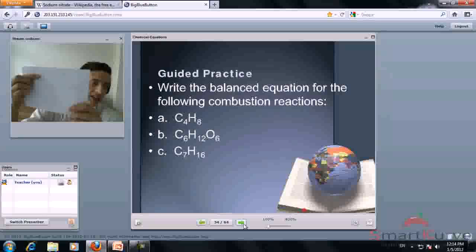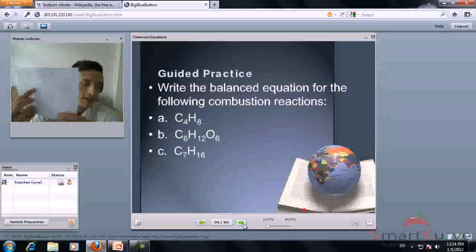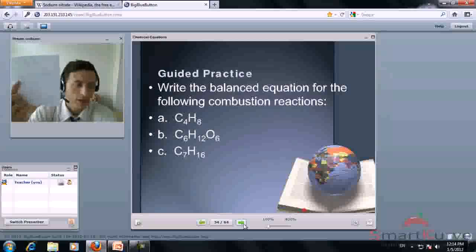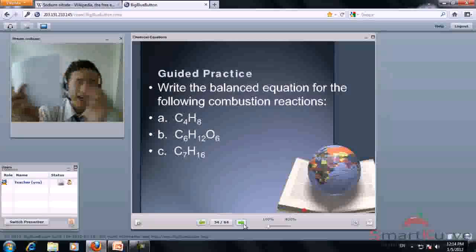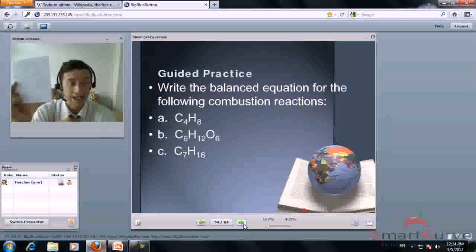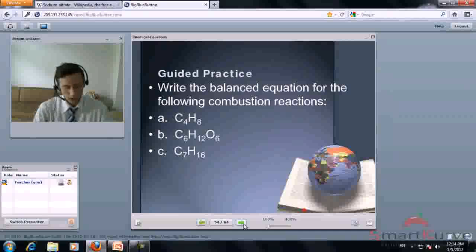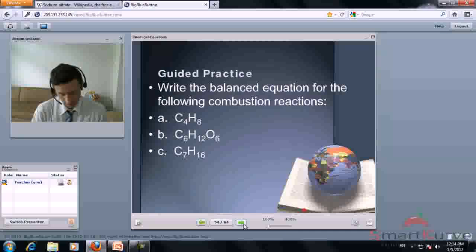Look, we've got 6 atoms here, 2 here, that's a total of 8. 6 here, and 12 here, that's a total of 18. So we have 18 oxygen atoms on the product side and only 8 on the reactant side. The way we can balance this, though, is actually quite simple.